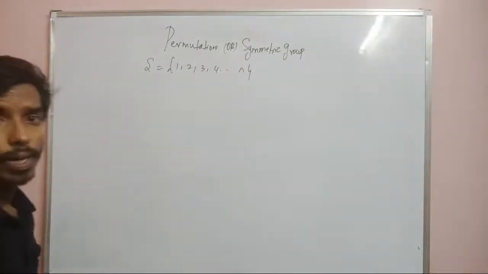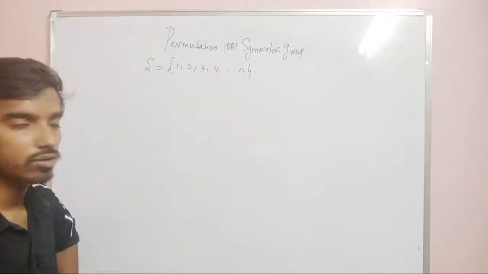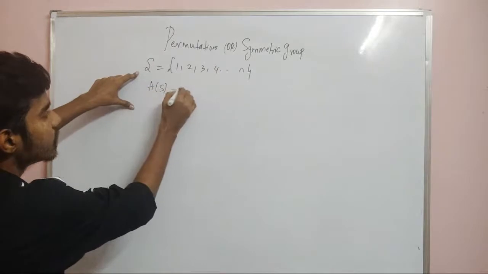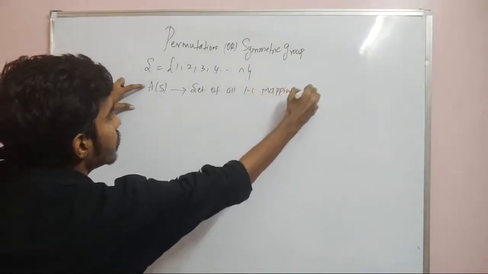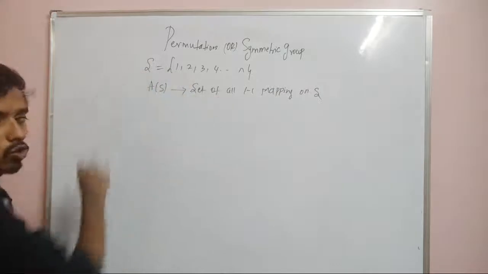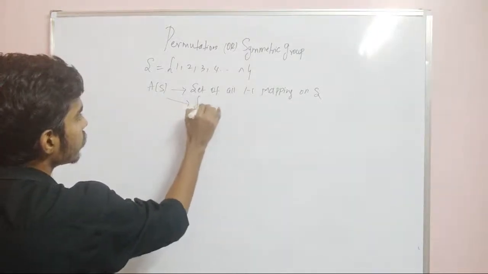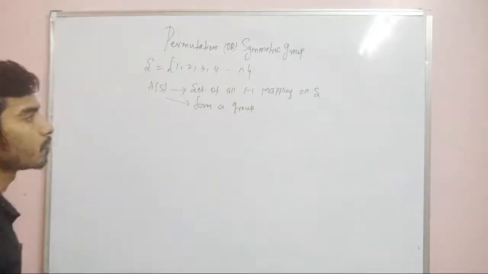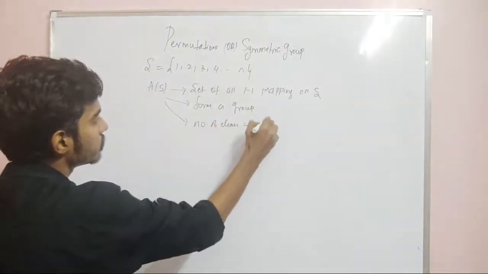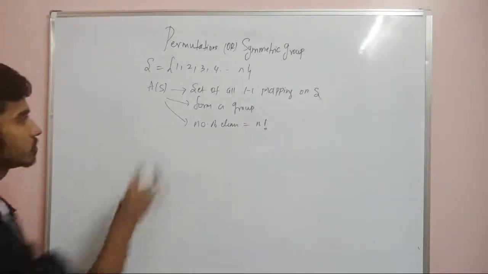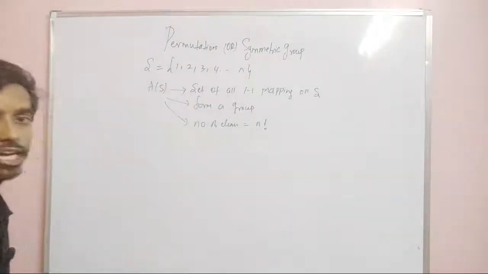Now you collect all one-to-one mappings on S. I am going to call this set A of S, the set of all one-to-one mappings on S. Then A of S forms a group, and the number of elements in the group will be n factorial. I'll give an example for this.